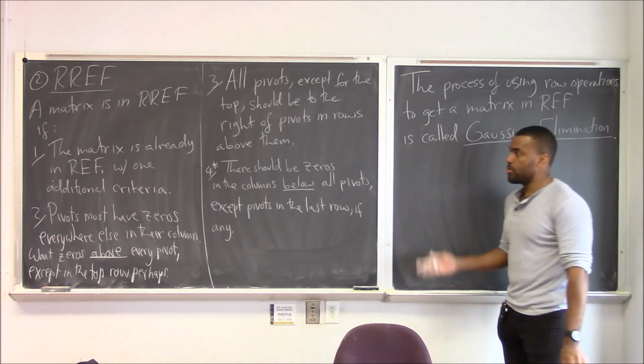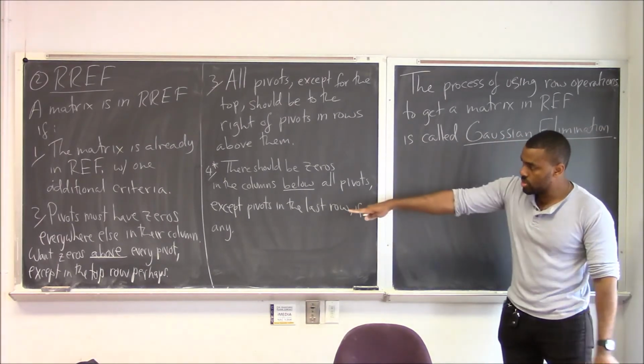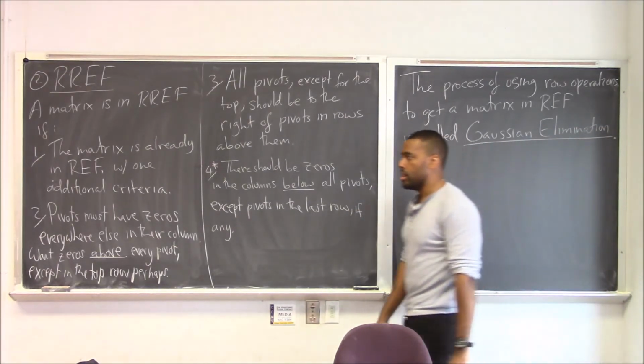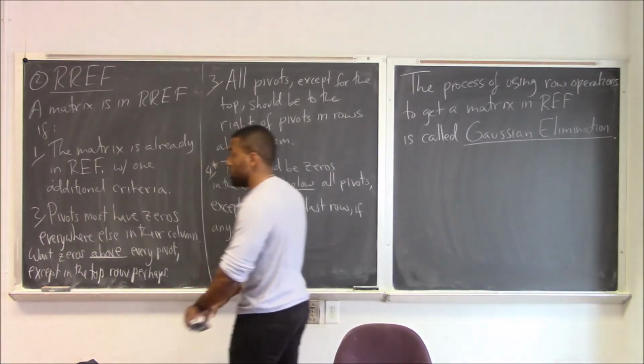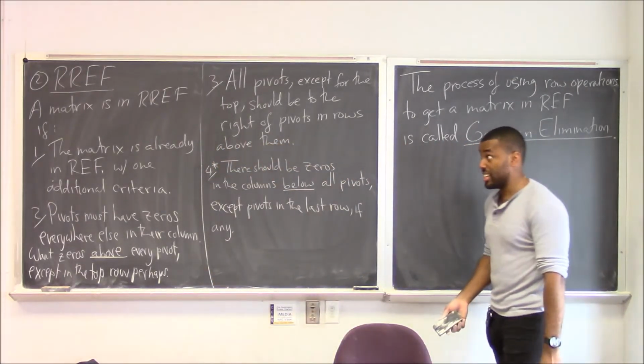So once you're in row echelon form and you tighten things up to fulfill that additional criterion, you say you've reduced it. You put it in reduced row echelon form. And it turns out that's actually a unique form.